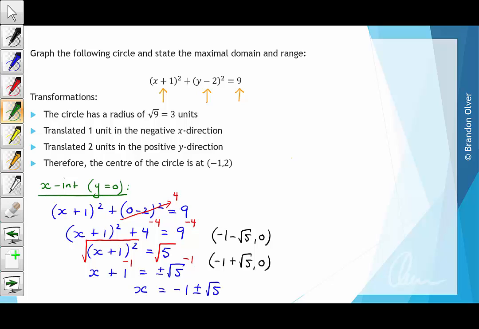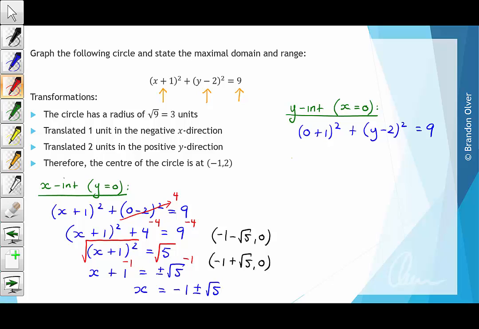Now that we've found our x-intercepts, we need to find our y-intercepts, which occur when x is equal to 0. So if we do that, we get (0 + 1)² + (y - 2)² equal to 9.